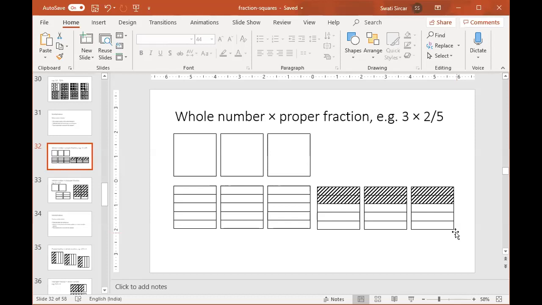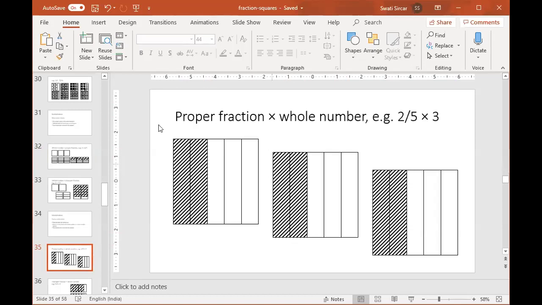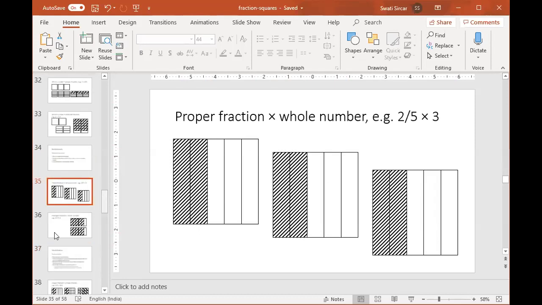However, the process to get there was different. In the case of whole number times proper fraction, you started with the whole. In the case of proper fraction times whole number, you started with one proper fraction. So the end result will be the same, and that's understandable, but to get there, it is different.